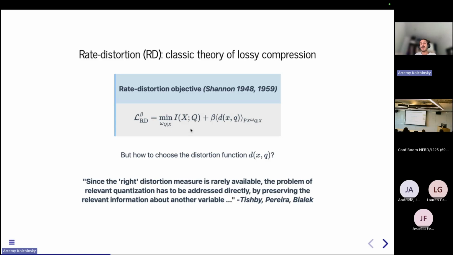And what rate distortion says is that if we want to minimize some kind of distortion measure under an informational constraint on how much information we want to transmit across a channel, then we should minimize this kind of objective.